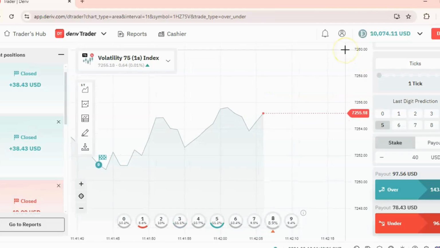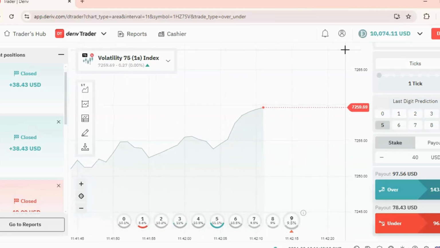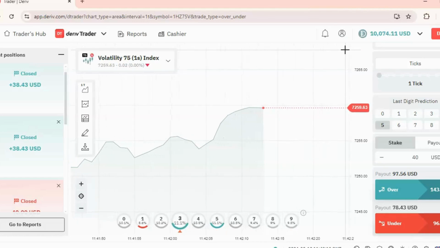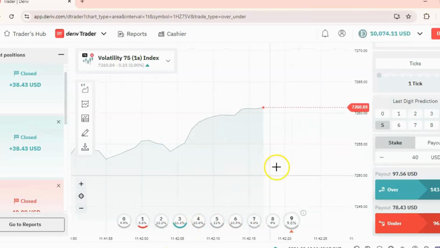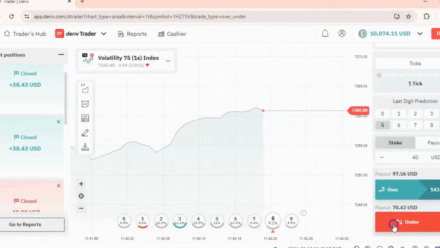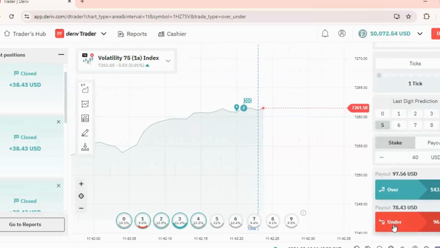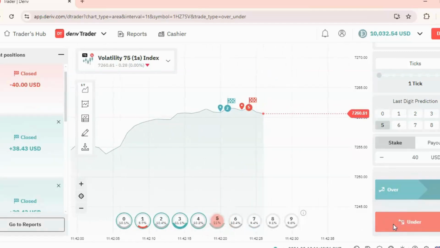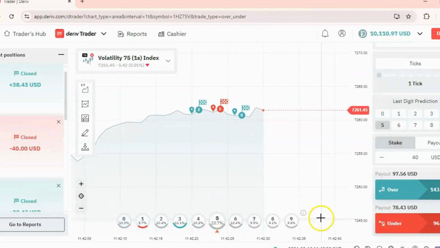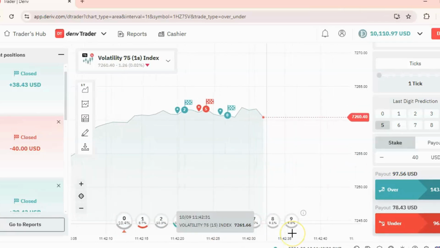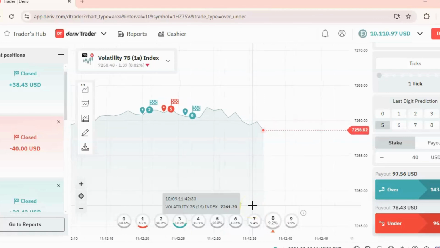If your starting capital is 10, make sure you stake 0.35, and for under 5 you can maybe take under. If you don't continue, you make a loss, but if you click 2 times, you can make a profit and recover. Although I'm not saying that you click continuously, follow the strategy that I have shown you and the one that I have read for you.